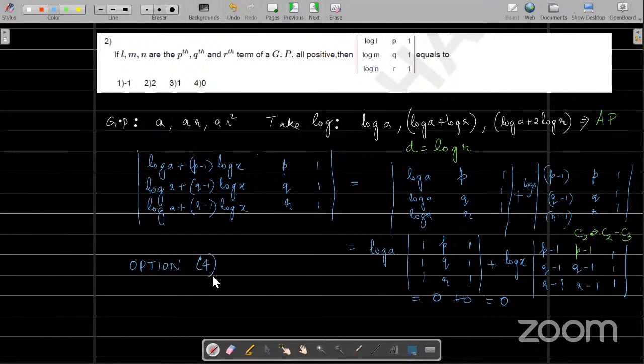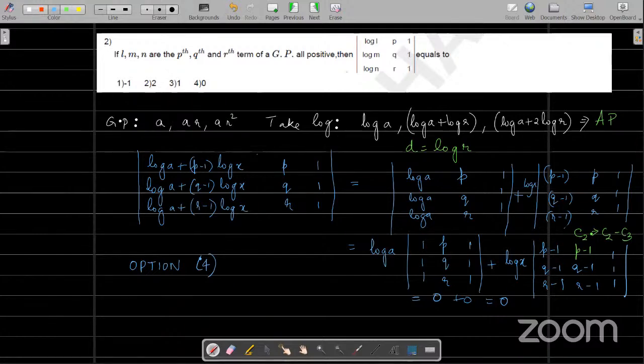Okay, so I have employed all the properties of the determinants. Second, I've also observed that the logarithm of a geometric progression is a corresponding arithmetic progression, right? So that is one part. But other than that, a very simple application is that when you take the log, it is going to be simplified as log a.